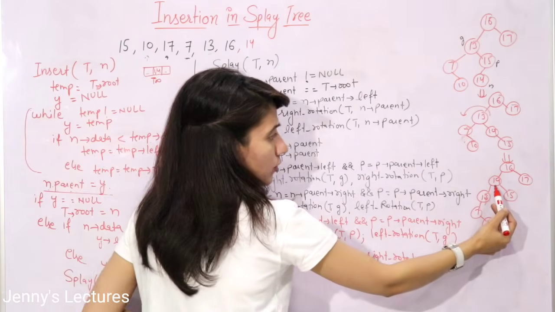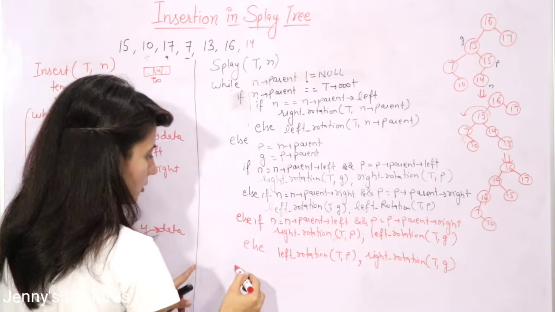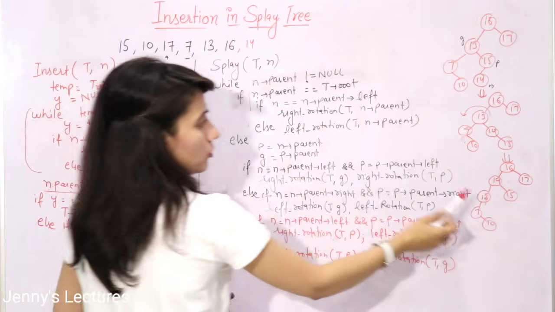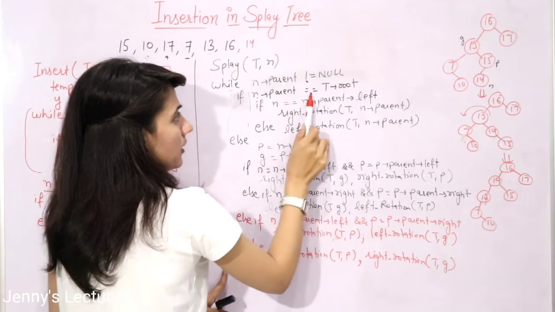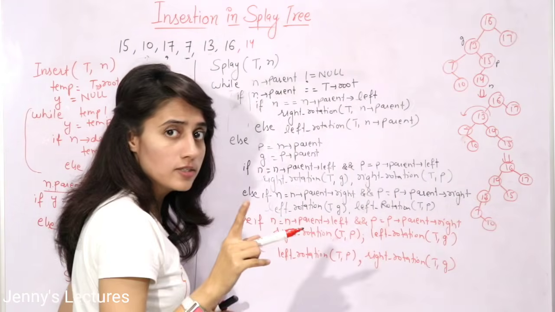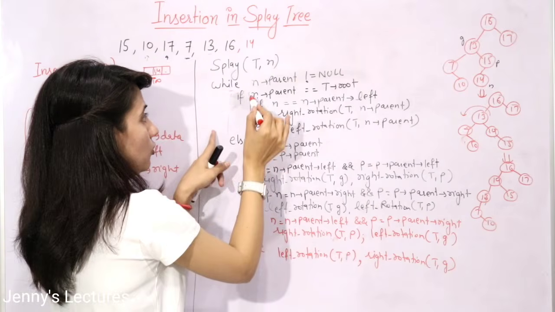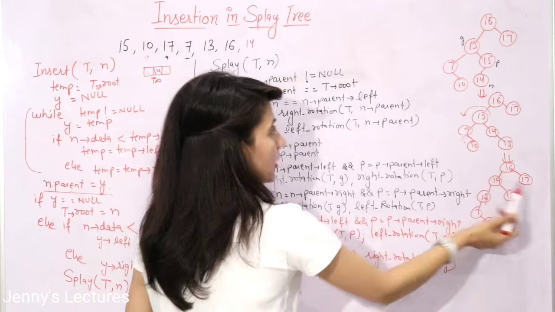Now here see, this is not yet done. Again the while loop, we are writing these in a while loop. So while N of parent is not null, again check, if N of parent is equal to T of root, yes, N of parent is now root. So now we will enter into this if condition, not the else condition. Now we will check if this is left or right child.